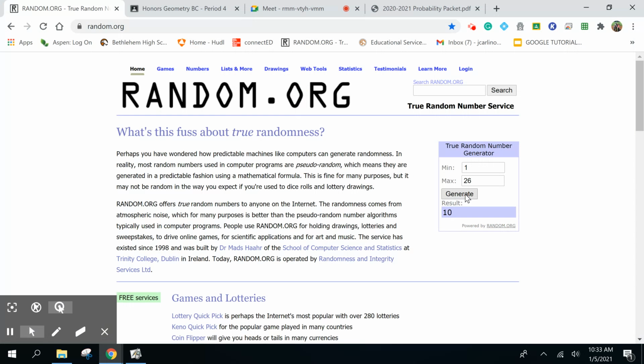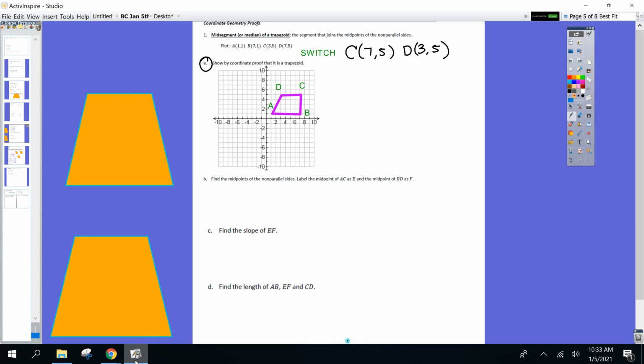Here we go. Let's hear from 10. You guys just all of a sudden forgot your numbers? No 10 in the house? I'm going to find these numbers.